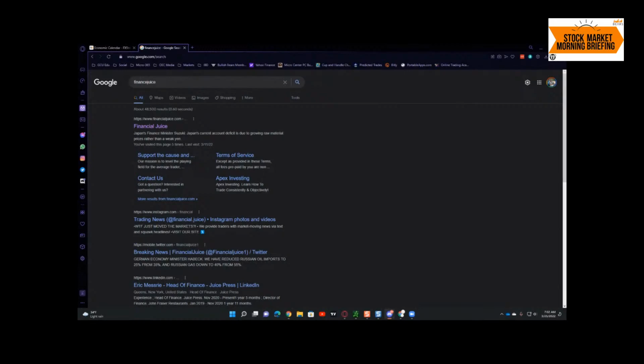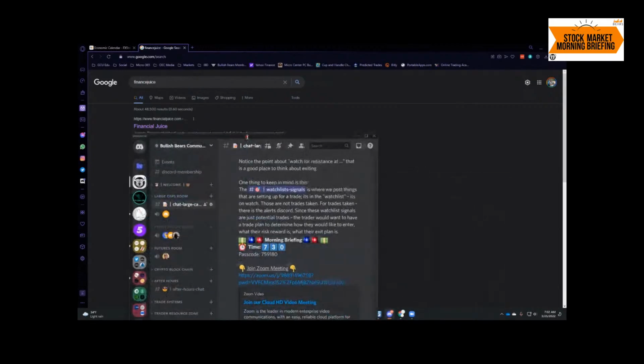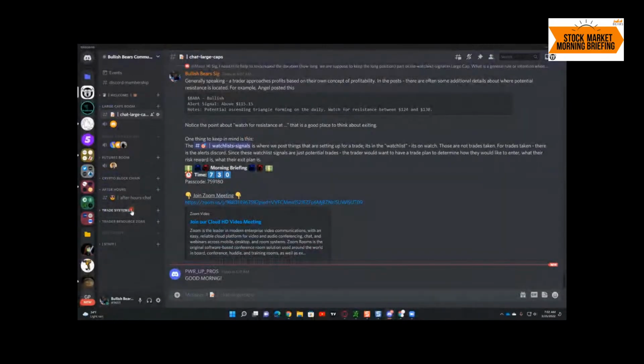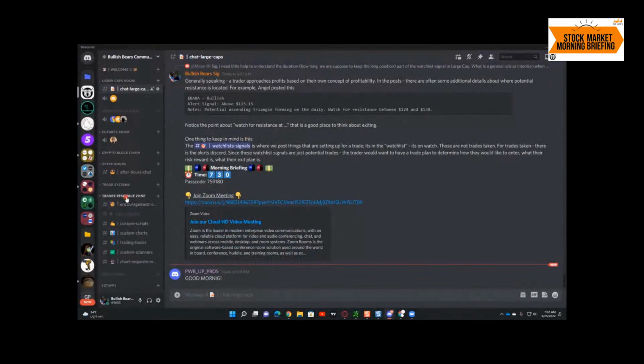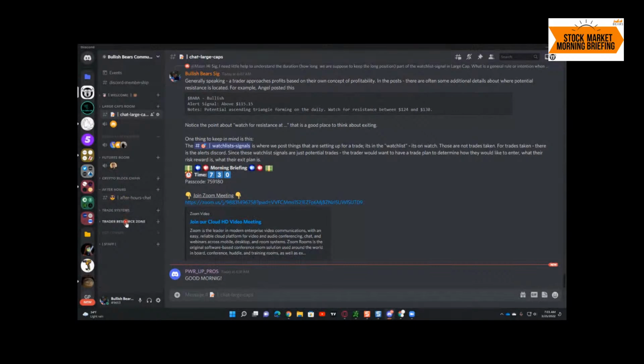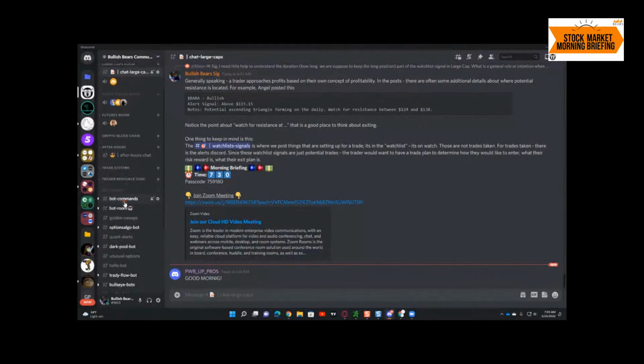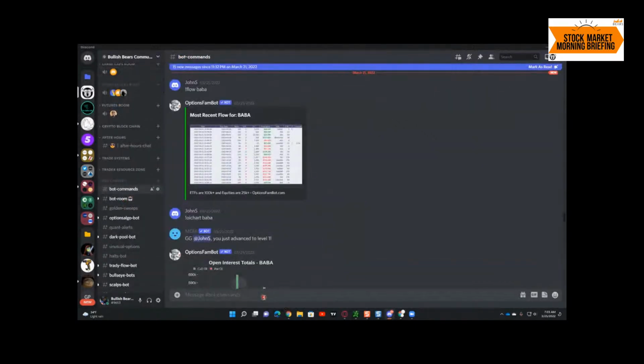It's a little too early in the morning to try this, but it's always worth a try. There is a bot command that you can use. If you go to Trader's Resource Zone, look for a bot corner, go to bot commands, give the command exclamation point president.